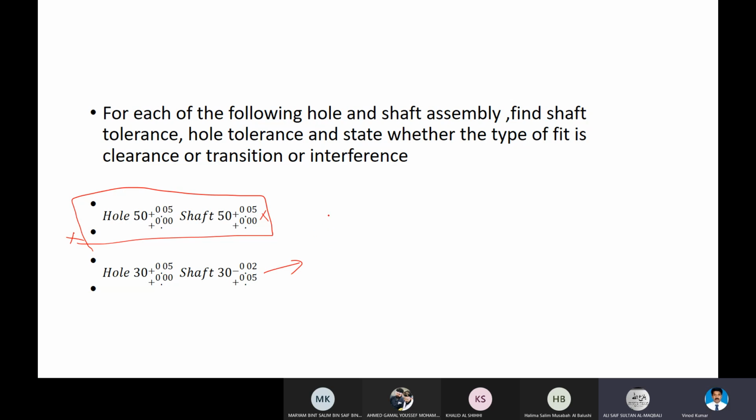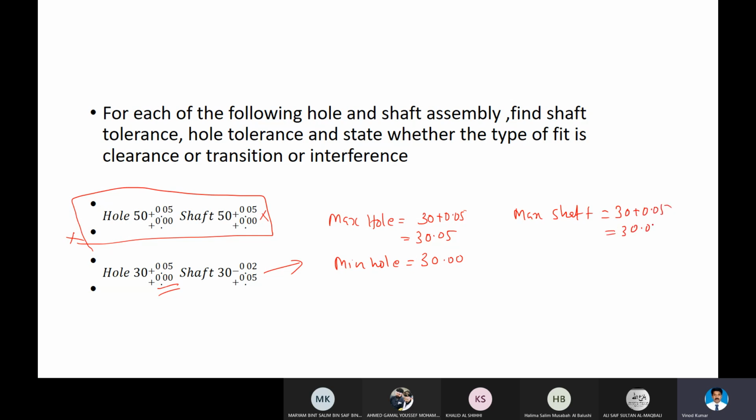Here, hole. What is the maximum hole? Maximum hole equals 30 plus 0.05, equals 30.05. What is the minimum hole? Minimum hole equals 30 itself. If you take shaft, the maximum shaft is 30 plus 0.05, so 30.05.